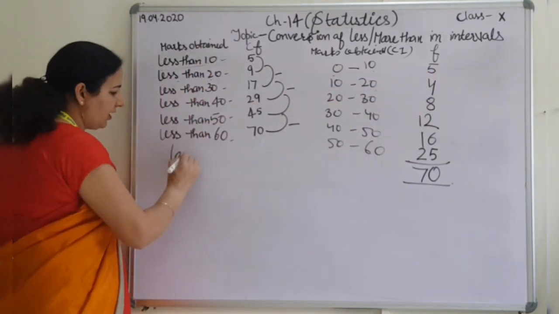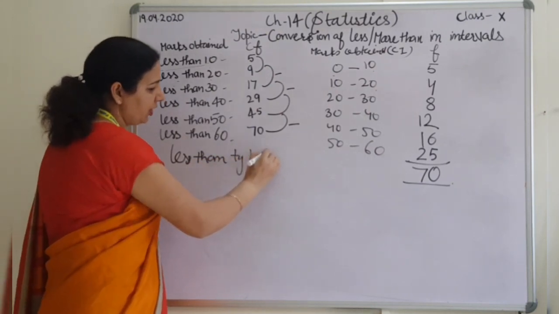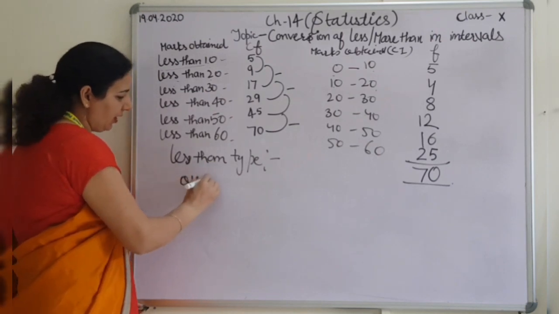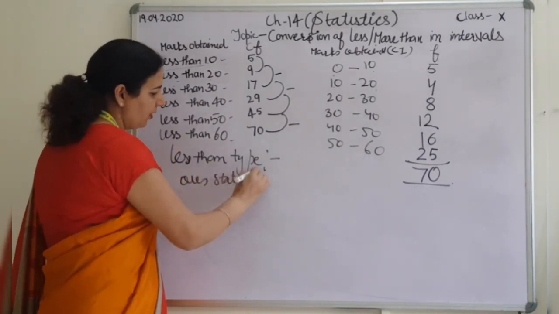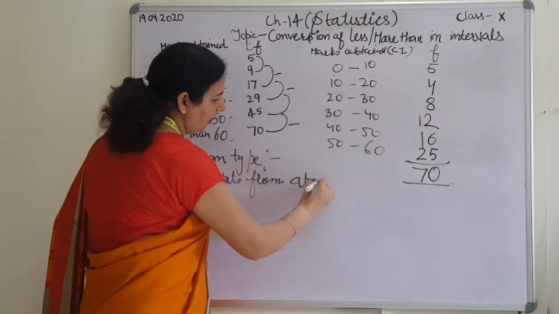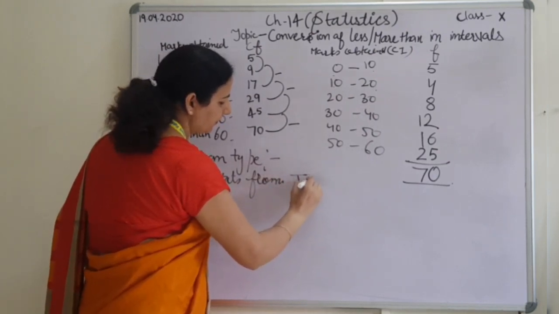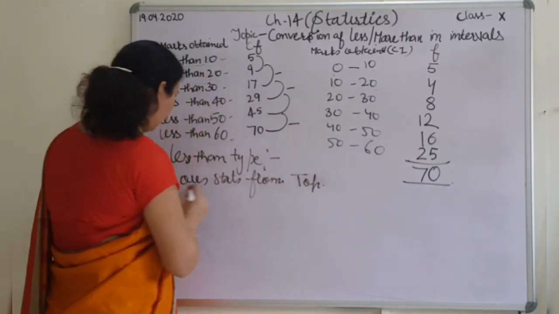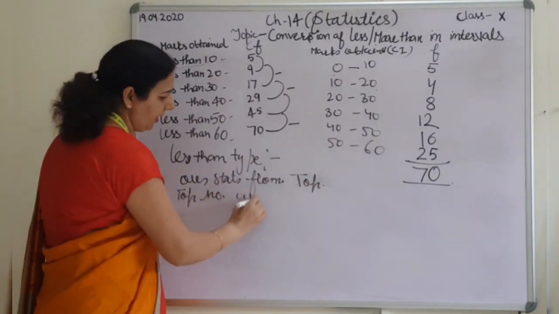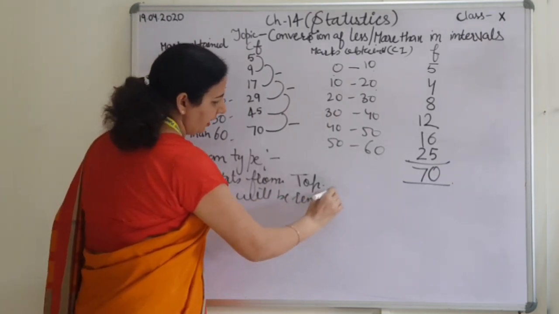So you just learn in less than type questions, the question starts from the top, and the first number, the top number, will remain the same.